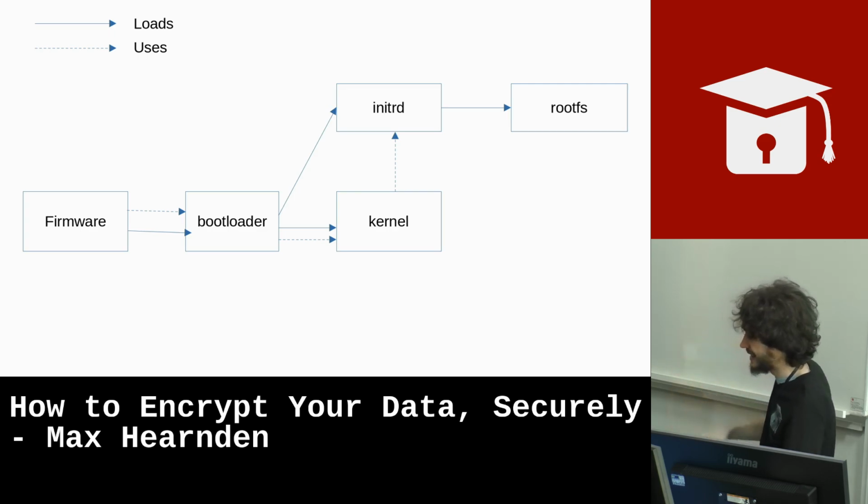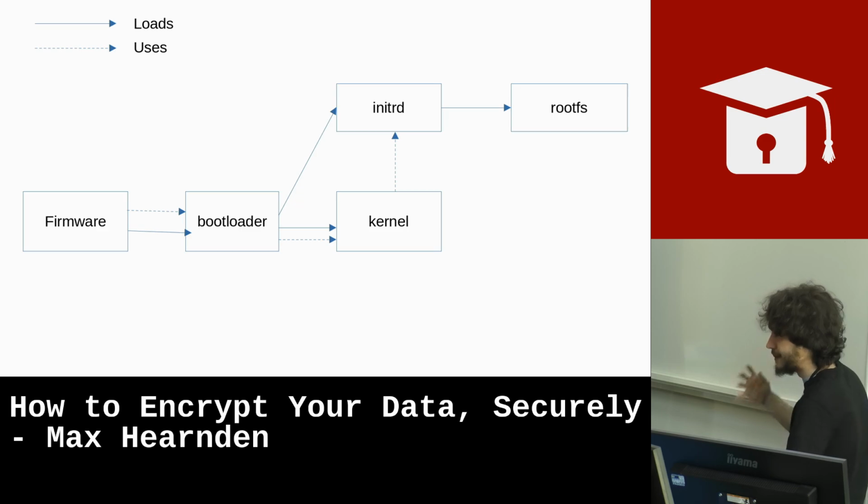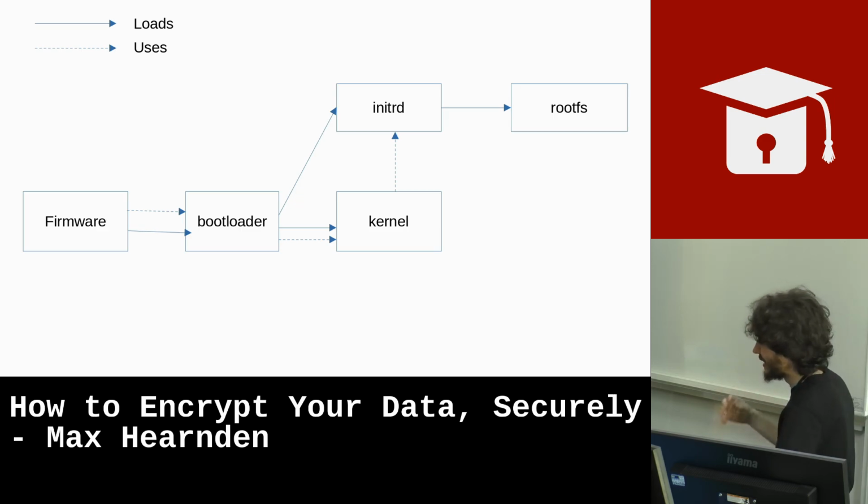The kernel then runs the initial RAM disk, and the initial RAM disk and the kernel together have enough information to mount the root file system. This is the file system that you'll be using most of the time.